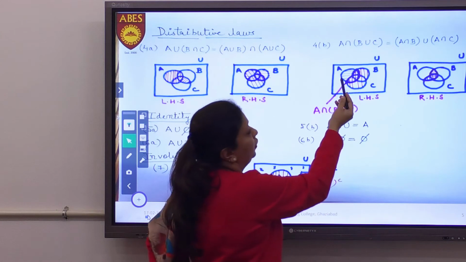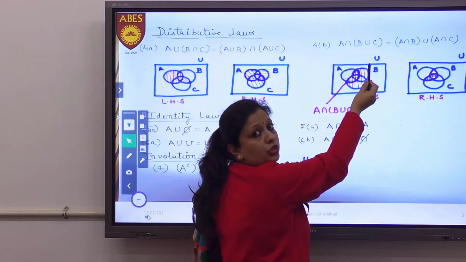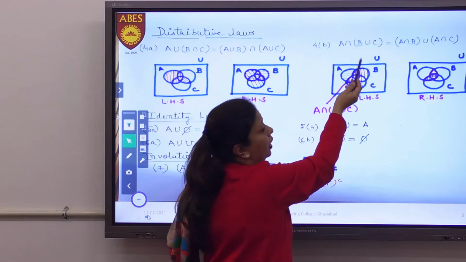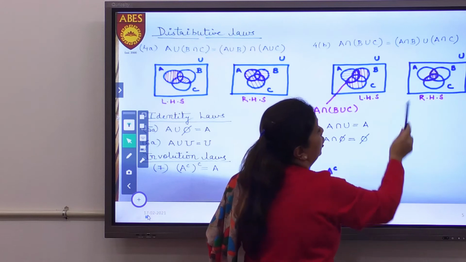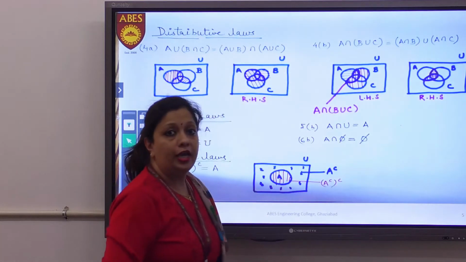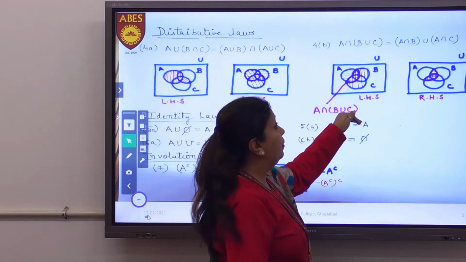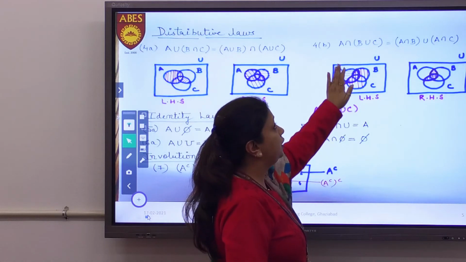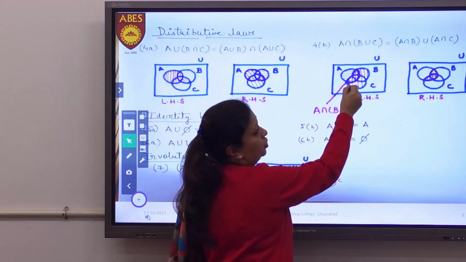Now here on the right hand side we have shown the same law for the intersection operation. For intersection it will work as A intersection (B union C). Here the intersection operation can be distributed. It will become (A intersection B) union (A intersection C). So both the sides should again be equal. Here we have again verified using the Venn diagram. We have shown the regions which are represented by the left hand side, that is this portion.